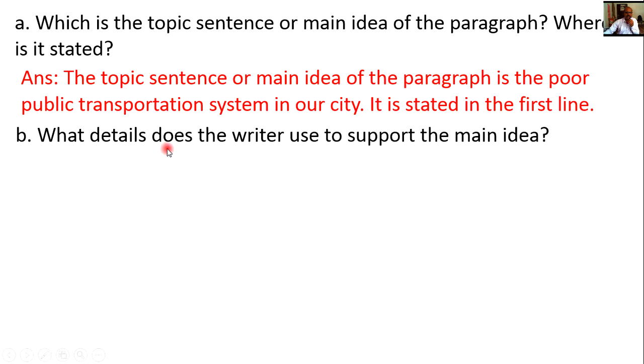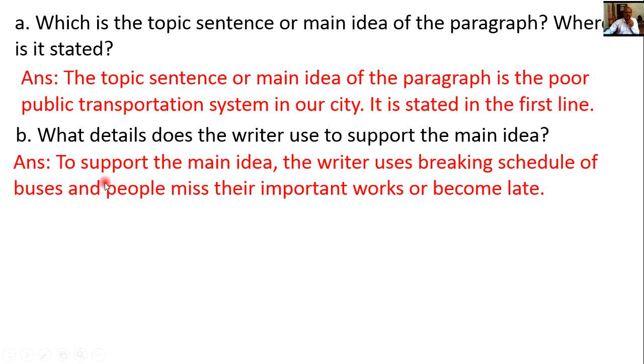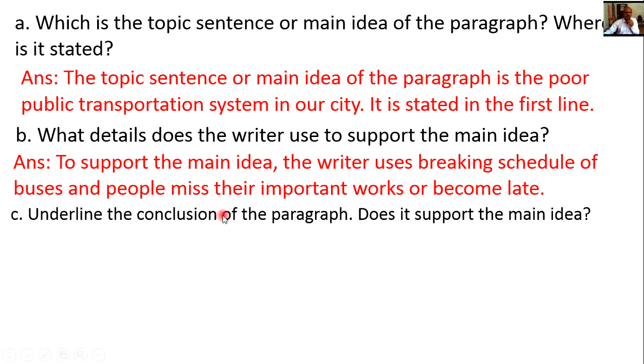What details does the writer use to support the main idea? To support the main idea, the writer uses breaking schedule of buses and people miss their important work or become late. In this way, underline the conclusion of the paragraph. Does it support the main idea? I have underlined the words in the paragraph.